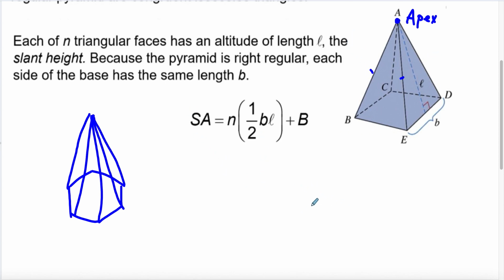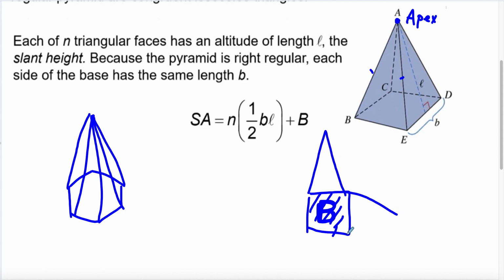If you are opening that up, you can find the area of the base, whether it is a square or a hexagon or a different shape. So I'm going to put that as the area of the base, B. Okay, and if you open this up, all of the lateral faces are triangular shapes like this. How do you find the triangle's area?